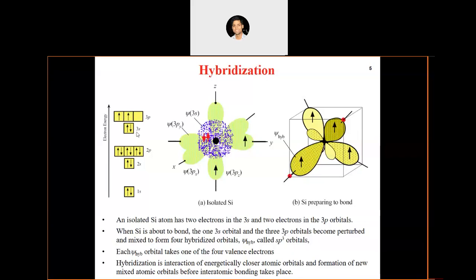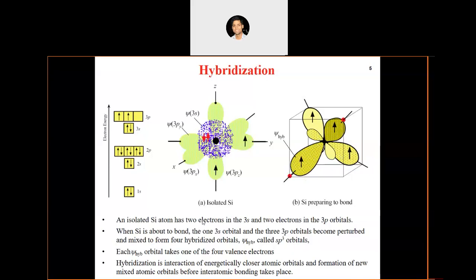But in case of semiconductor, before the bonding, there is an additional step called hybridization, and in hybridization we form hybrid orbitals. That's why the name is hybridization. And then all these four electrons are unpaired, and then we can form four bonds, right? There are four unpaired electrons, so they can bond with other silicon atoms and satisfy their valence.